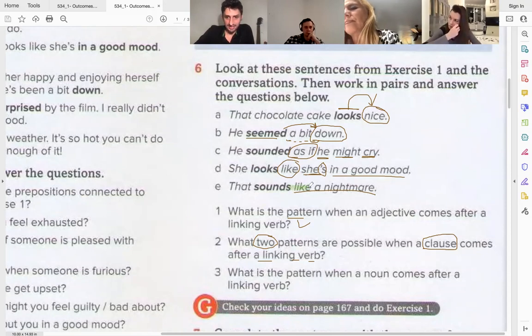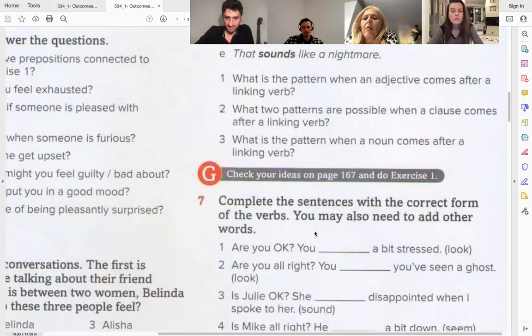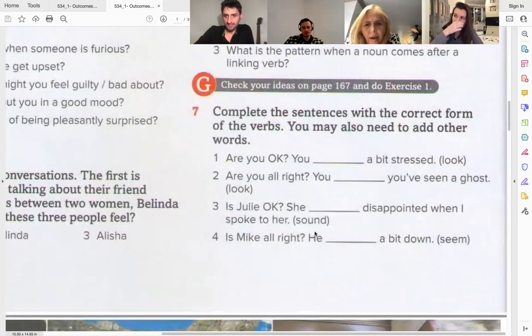Because nightmare is a noun. It's not an adjective. It's a thing. So you put like. Okay, so that's this one right here. So here you have the general idea. Now we're going to do the exercises so that we can master this. We'll do it together, and then we'll do a little bit of partner work. But right now we just need to make sure everyone understands.